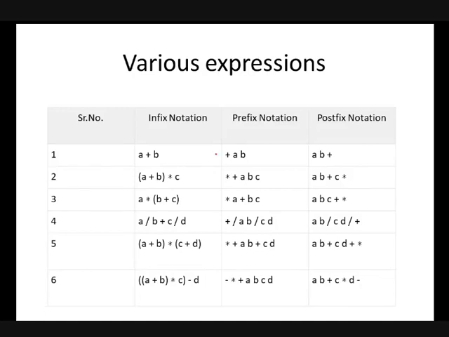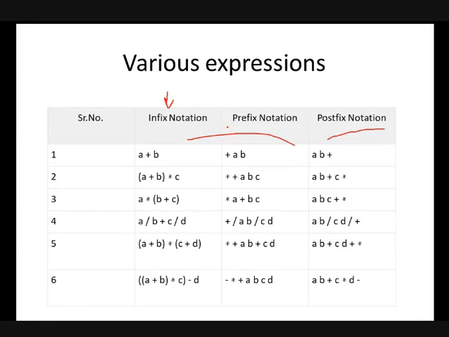So first you need to know how we actually convert one form to another form. Here some infix notations are given, and you need to convert these infix into prefix, and similarly to postfix. While converting infix to prefix and postfix, the very important thing is to be careful about the precedence and associativity rules.